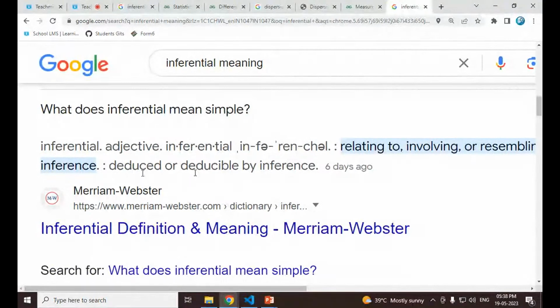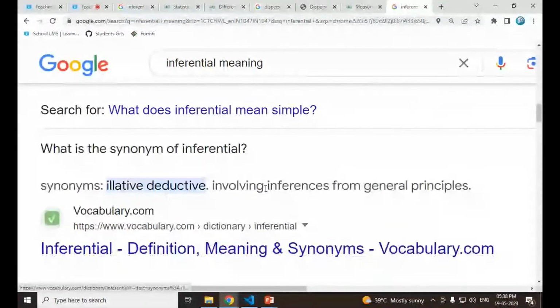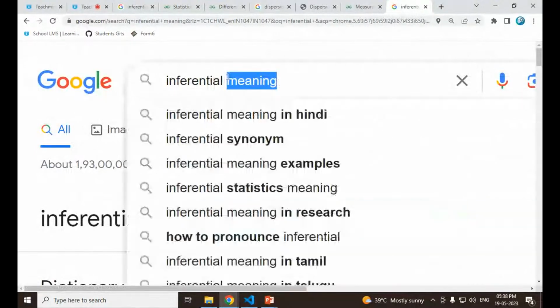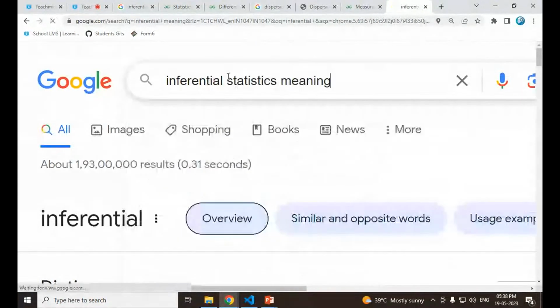You understand these words? Affecting or relating to, involving will be the meaning. Involving or resembling inference. That's what it is. How about inferential statistics?